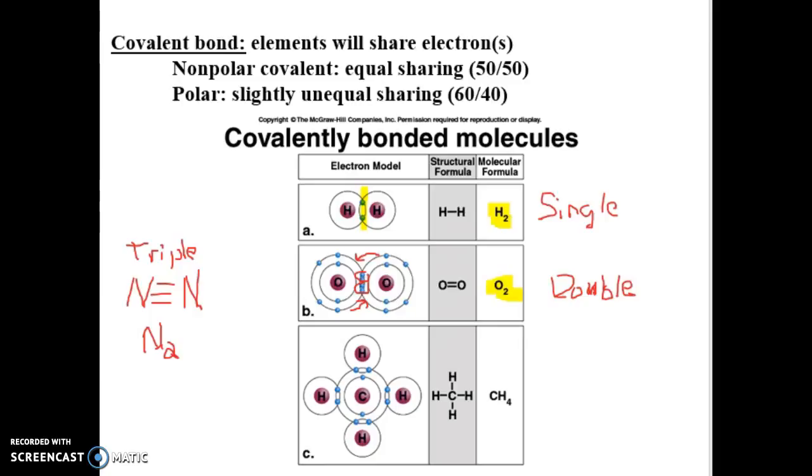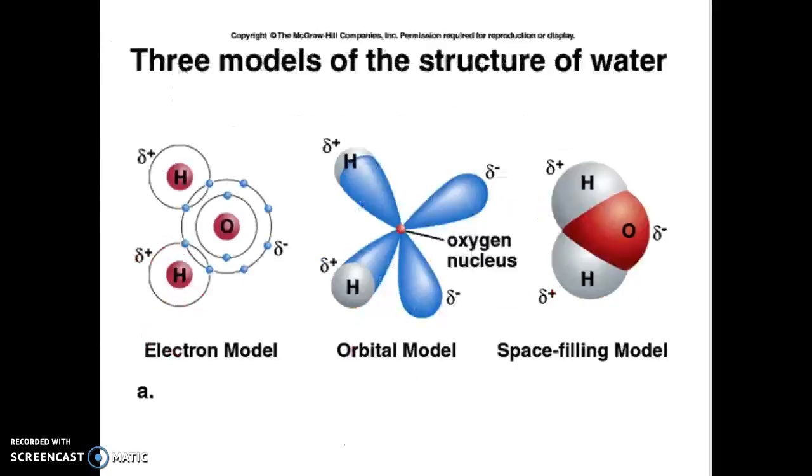What we do want to now look at is our third type of bond. This is what's known as the hydrogen bond. The hydrogen bond forms in water, between water molecules. Now, the bonds we're looking at right here, that bond, that one there, or this one here, those are all covalent bonds.